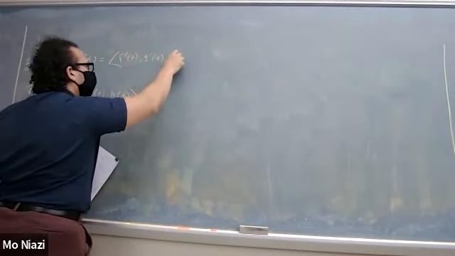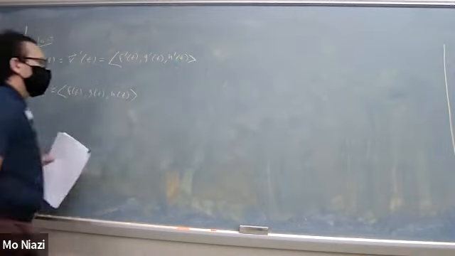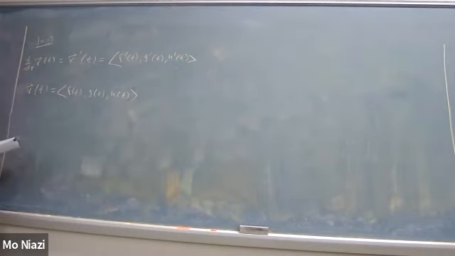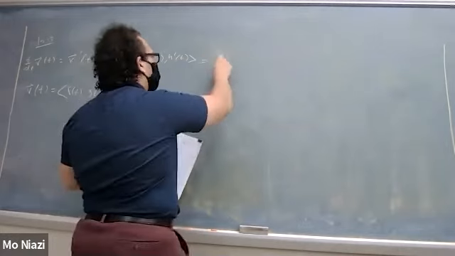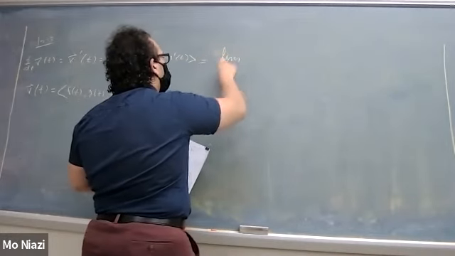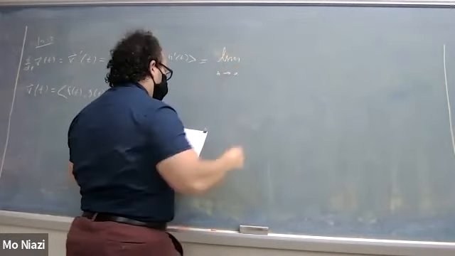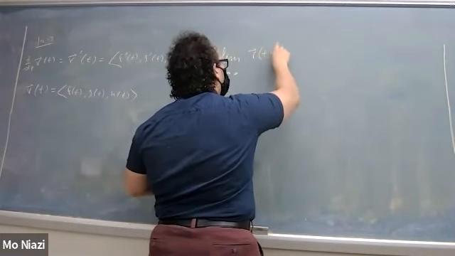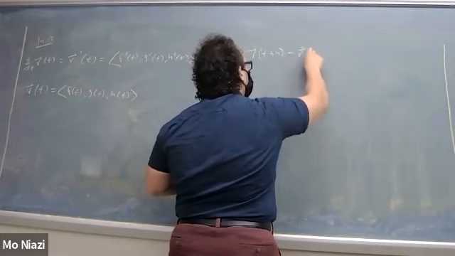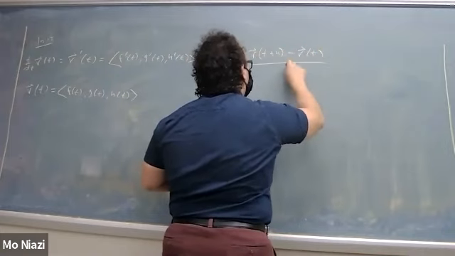Simple as that. Very, very straightforward. The derivative of the vector function is just the derivative of each of the components.